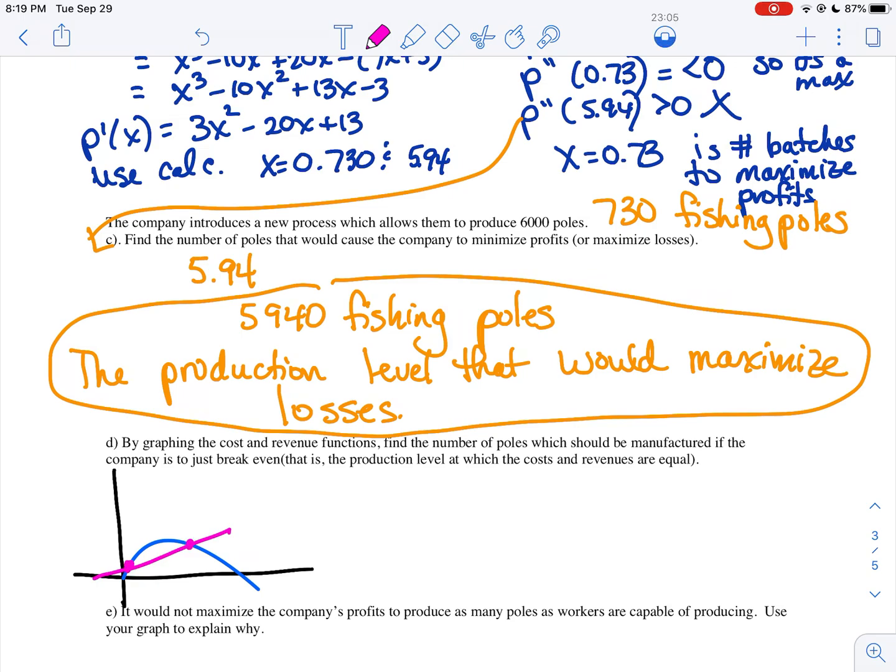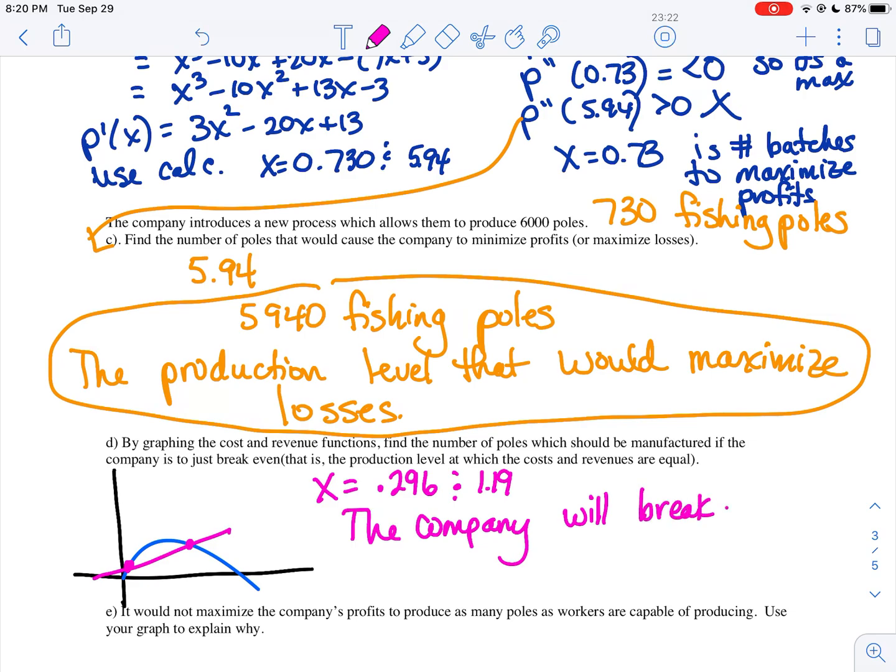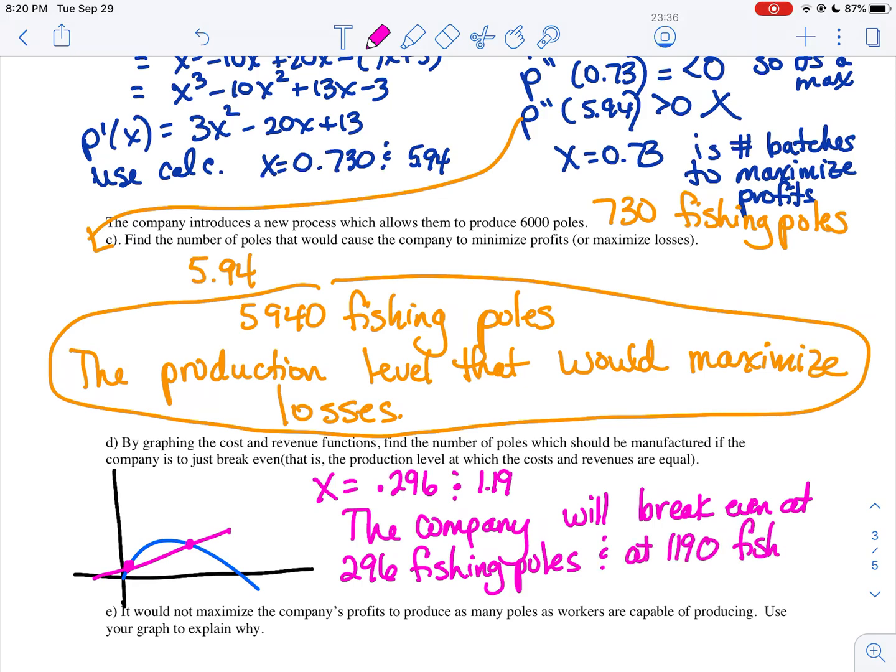Again, you're doing this on the calculator, and I get 0.296 and 1.19. So this means the company will break even at 296 fishing poles and at 1,190 fishing poles.